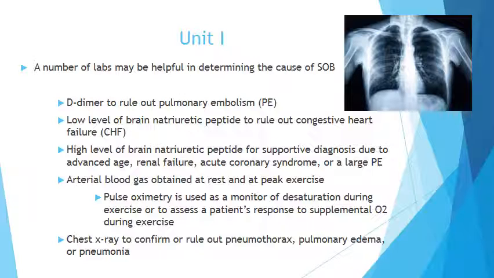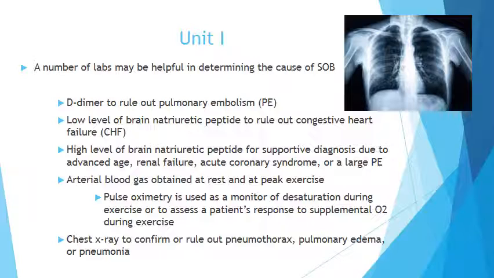A number of labs may be helpful in determining the cause of shortness of breath. A blood test called D-dimer can be done to rule out pulmonary embolism, also called PE. That's when a clot lodges into the lungs and causes the patient to be short of breath. Low level of brain natriuretic peptide to rule out congestive heart failure, also known as CHF.